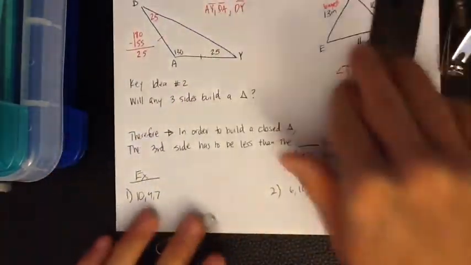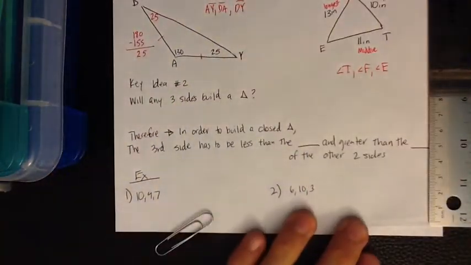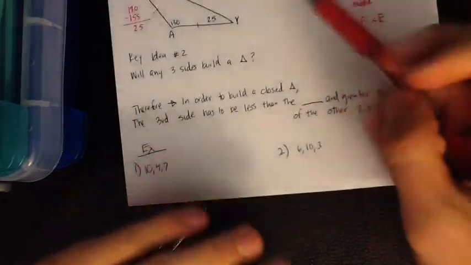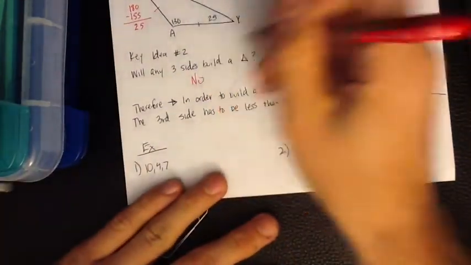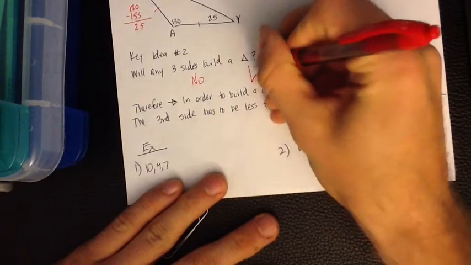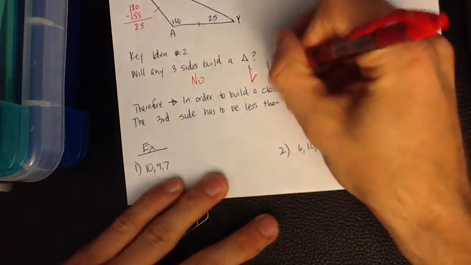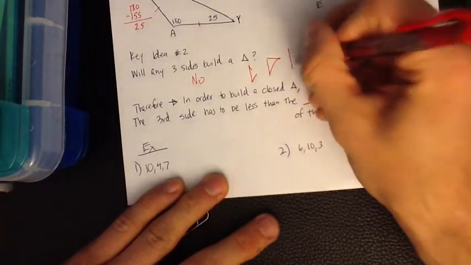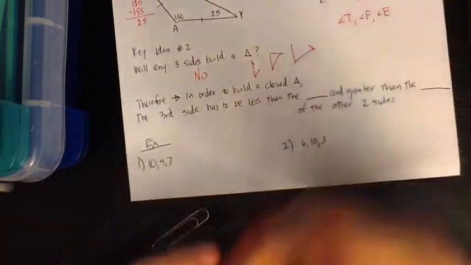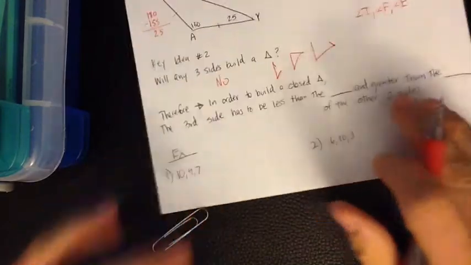Now let's look at some specifics. Here's no. And if you want to draw some pictures, just to see, those aren't going to close. Those will obviously close. But you get the idea. Sometimes it's not going to close.